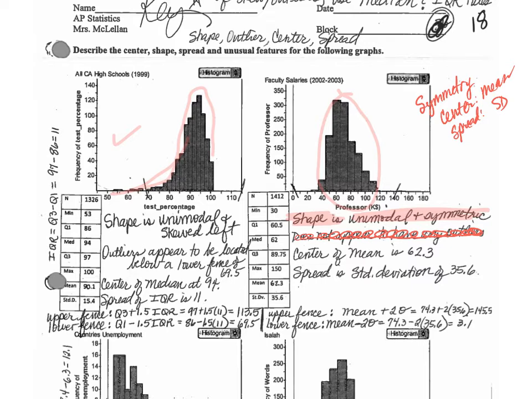If you have skew, then you must choose to use median and IQR. Okay? Symmetry, standard deviation, and mean. So when I come down here to center, I will write that the mean is 62.3, and that the spread is a standard deviation of 35.6.